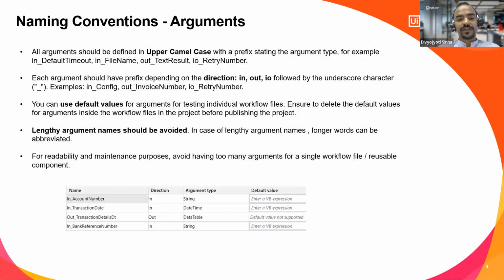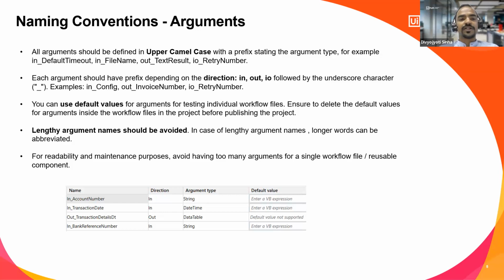So that any other developer, when they see your code or these kinds of arguments, can very easily understand that this is an argument being used and not a variable. And second, they will also get to know about the input or output direction of that particular argument.